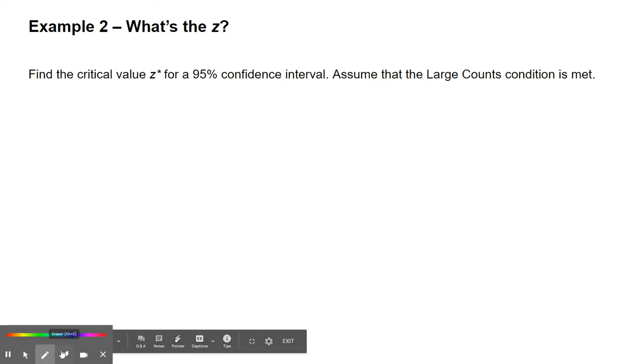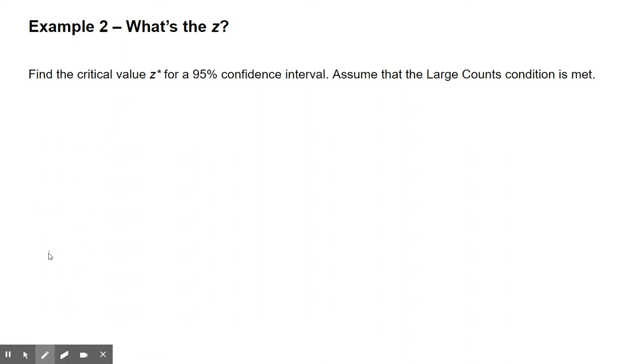Okay, so find the critical value z star for a 95% confidence interval. Assume the large counts condition is met. So if this large counts condition is met, this situation is going to be approximately normal.